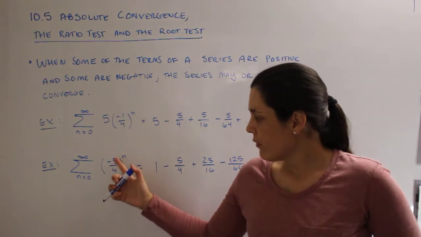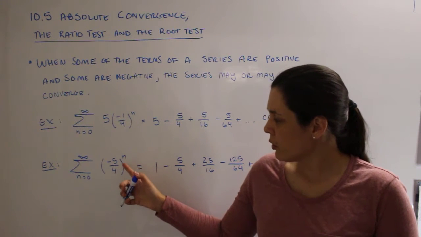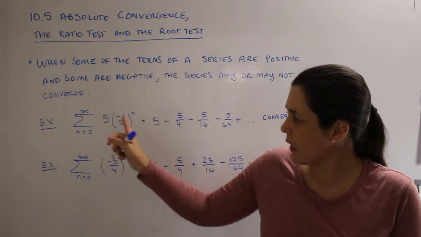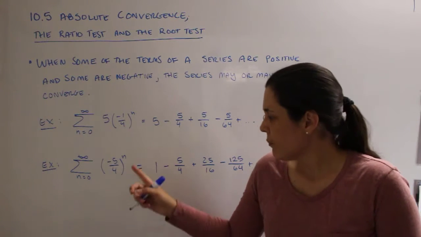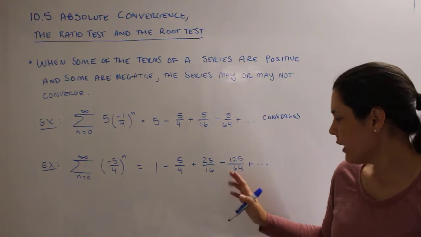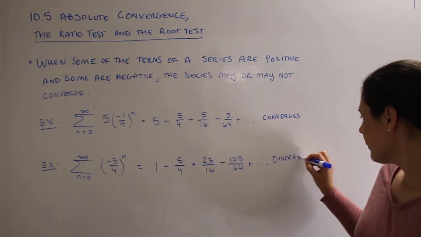This series where we have negative 5 over 4 quantity to the n power, the difference is that the 5 is inside with the exponent being applied to it, rather than multiplied later. Again, this one alternates signs, so positive, negative, positive, negative. This series actually diverges.